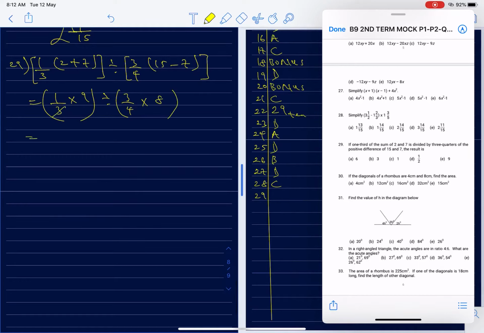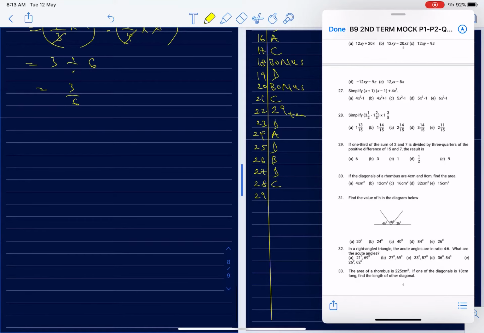That's equal to 3 here 1, 3 here 3, that's 3 divided by 4 here 1, 4 here 2, 3 divided by 6, of course that's 3 over 6, which is 1 over 2. The answer is half, that's D. 29 is D.